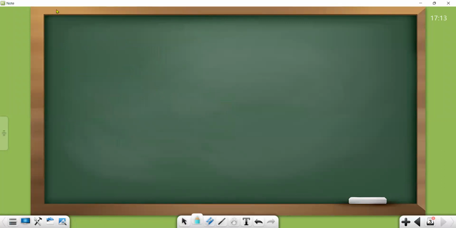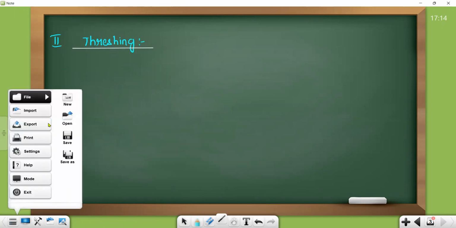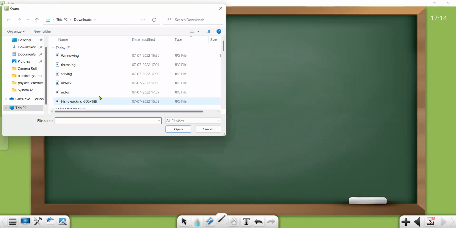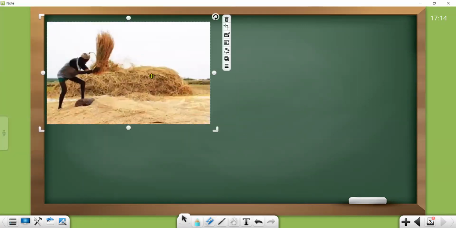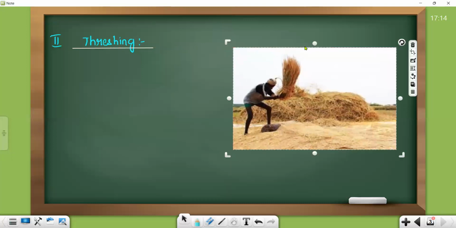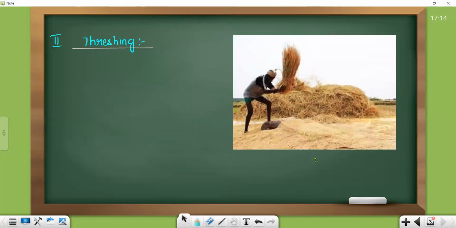Now, the next method is threshing. So what is threshing? Ma'am, in threshing chaff is used. Can you see the image here? Yes, ma'am.